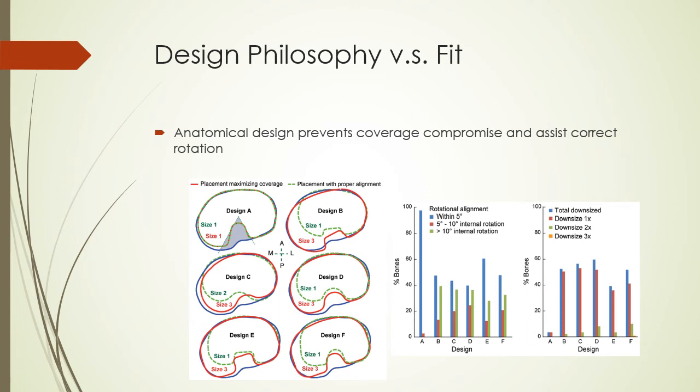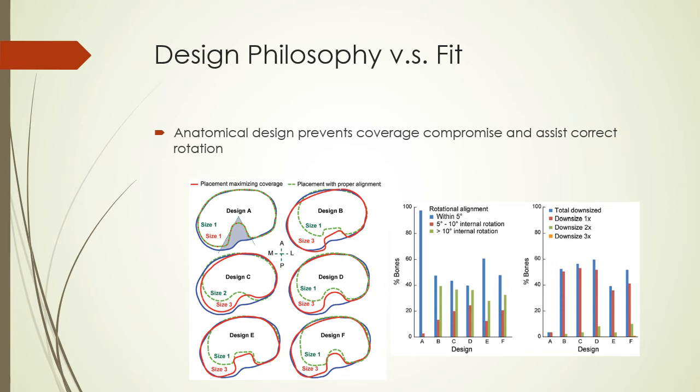And also, if you look at the downsides or the compromises the surgeon has to choose for ensuring correct alignment, for example, design E, on that figure, if you want to maximize the size, that's going to be a size 3, but in reality you will have to compromise with size 1 with correct alignment, so that's a 2 size downsize.